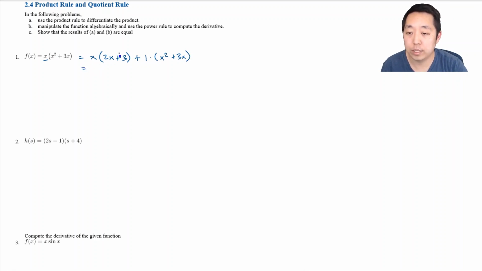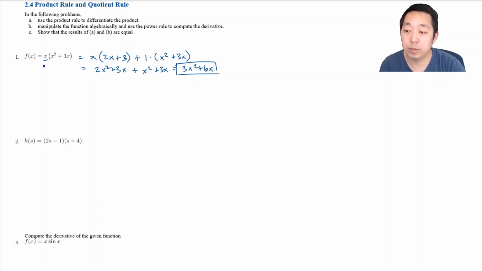And so if I were to expand this out, distributing the x, I would get 2x squared plus 3x plus this x squared plus 3x. And so I would end up with these x squareds and these x's combining to be 3x squared plus 6x.